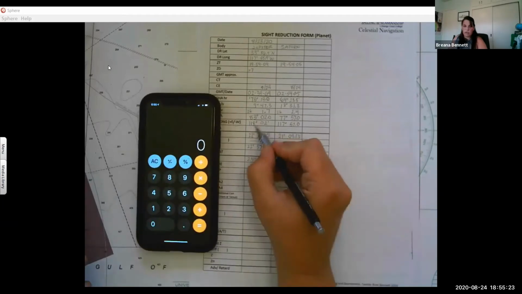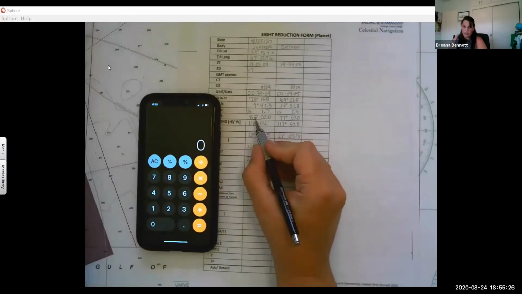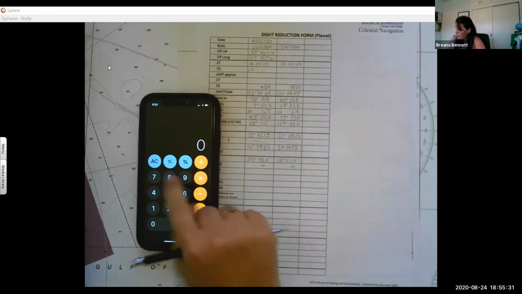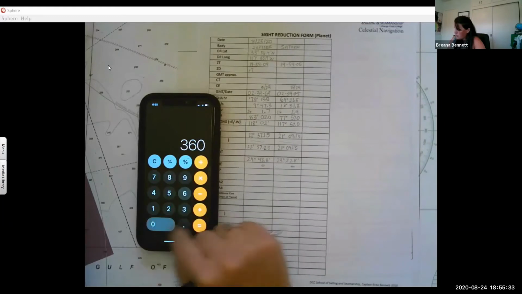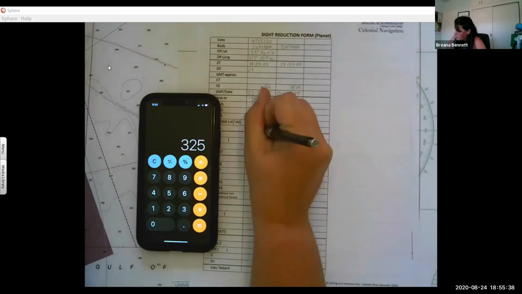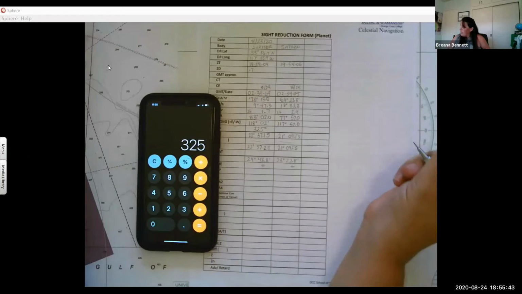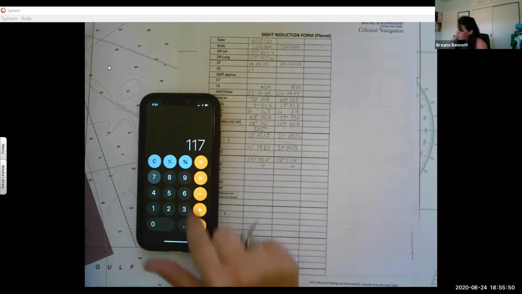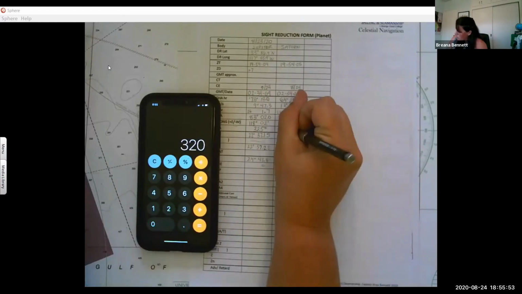Can I get the calculator work? Okay. So we have to subtract these. Both the 83 and the 77 are small, so we have to add 360. So we do 83 plus 360 minus 118 gives us 325. And then we have 77 plus 360 minus 117 gives us 320.